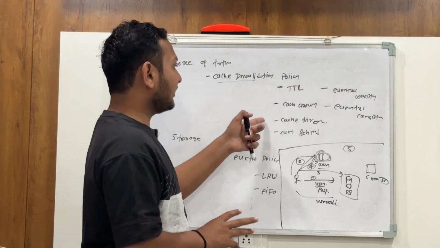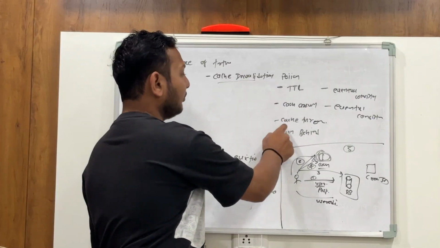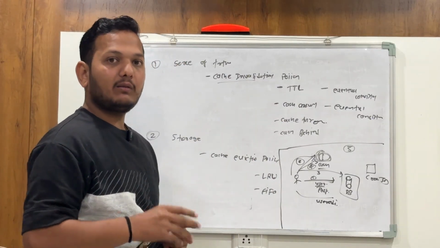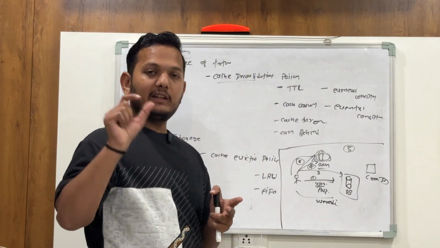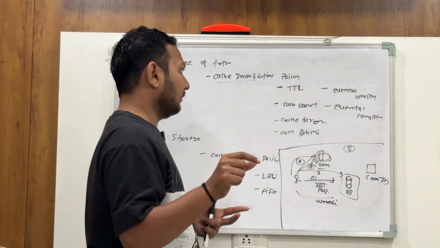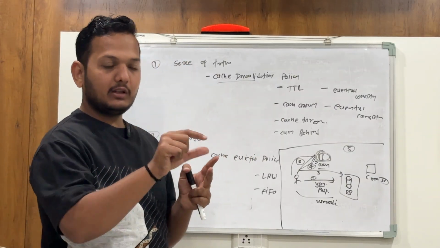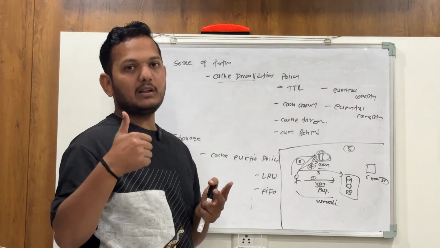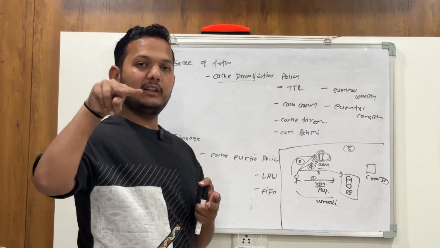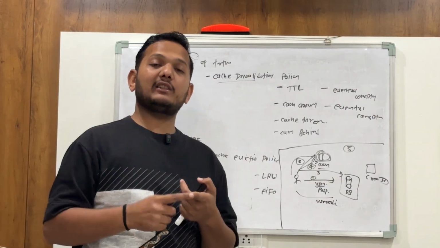But what is the problem with the write through policy? Since we are writing the same data to the cache as well as the DB, the latency will be higher, because we are writing in two places, and there is a chance of failure.